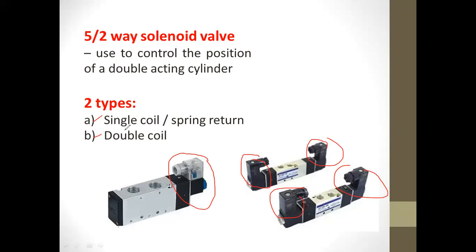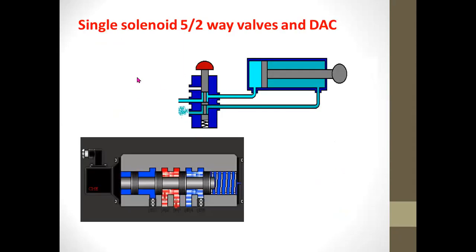In the double coil, since there is no spring, another mechanism is used to make the plunger return to its original position. We will be discussing it in a while. This is how the five two-way single coil solenoid works.